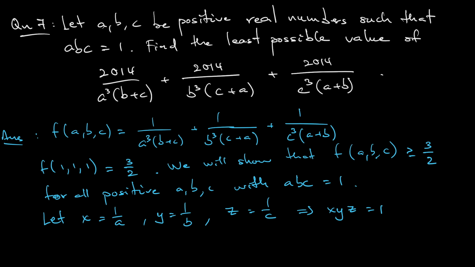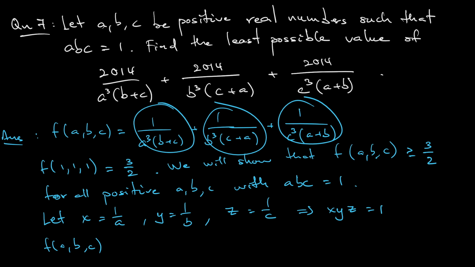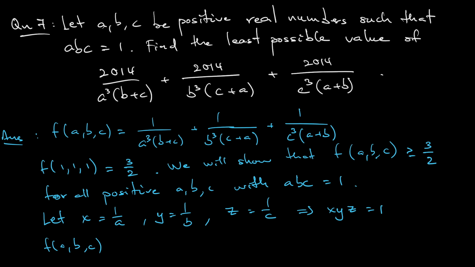So f(a, b, c), instead of writing it in terms of a, b, c, substitute x, y, z in. You will get x cubed yz over y plus z.